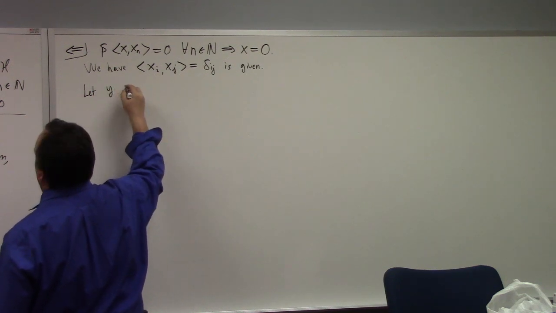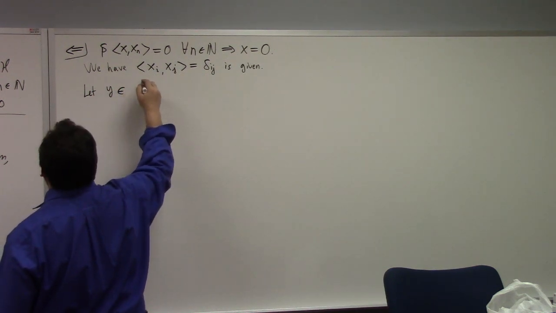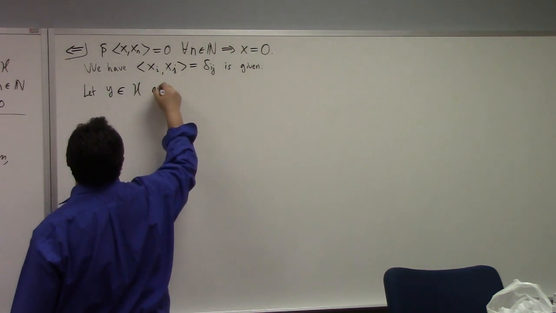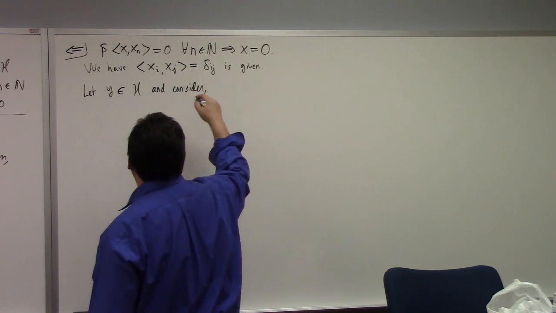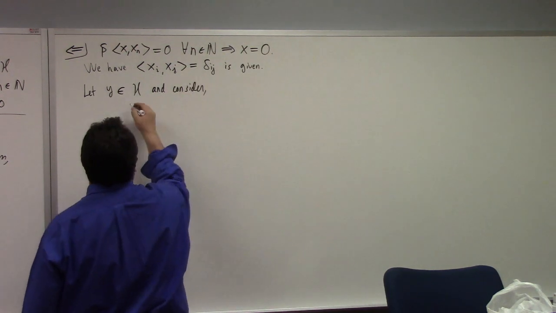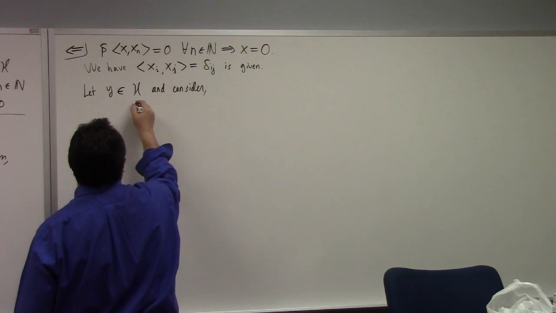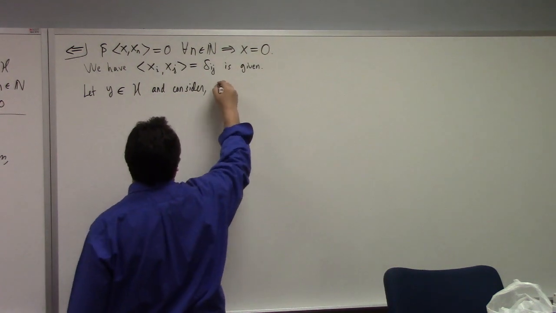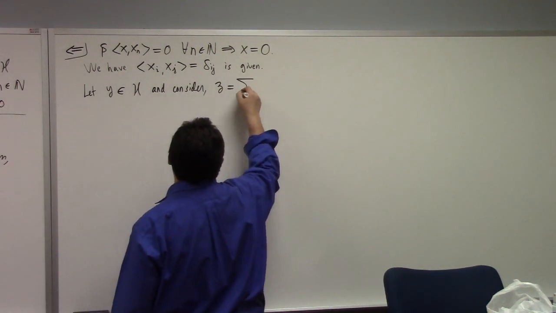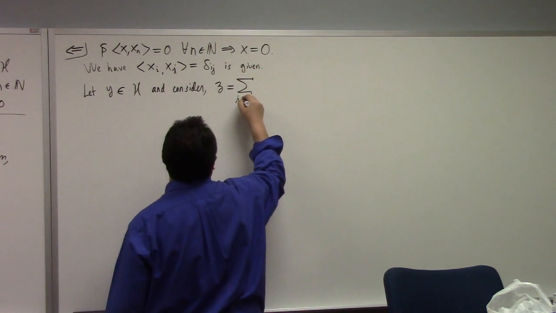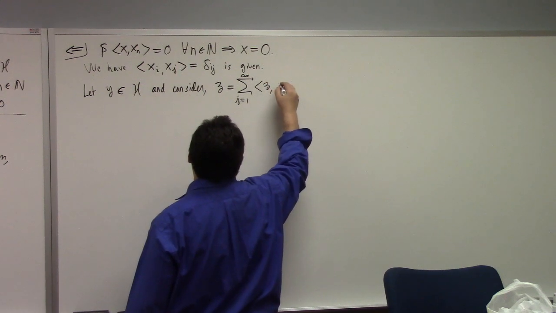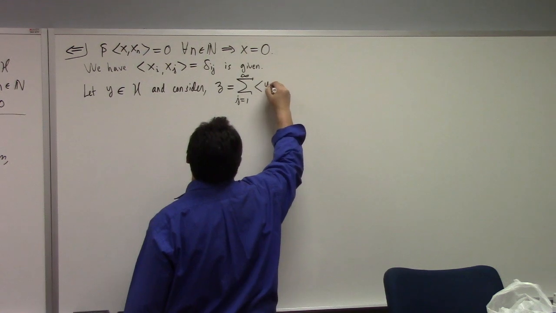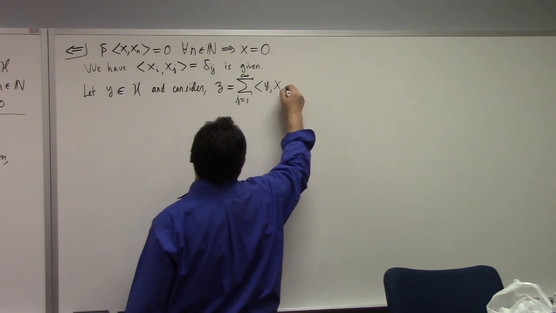So let y be an element of the Hilbert space, and consider z equals the sum j equals 1 to infinity of the inner product of y with xj.